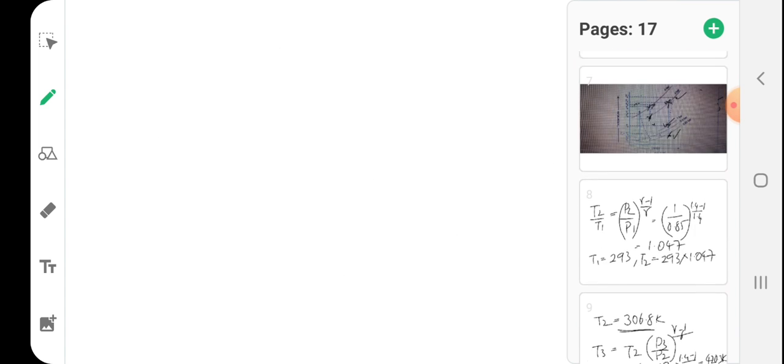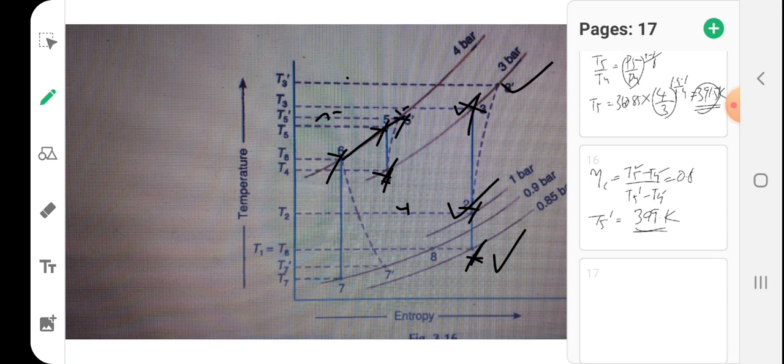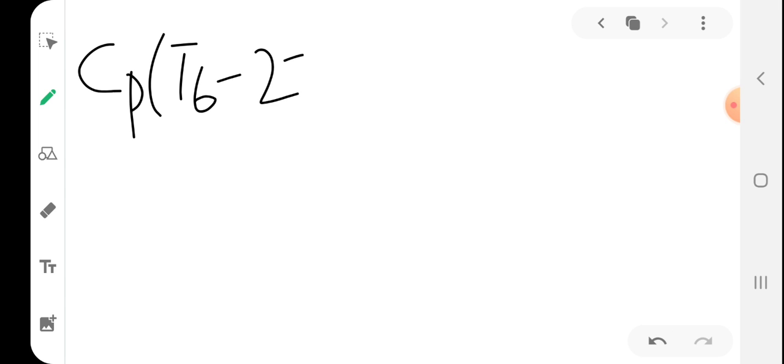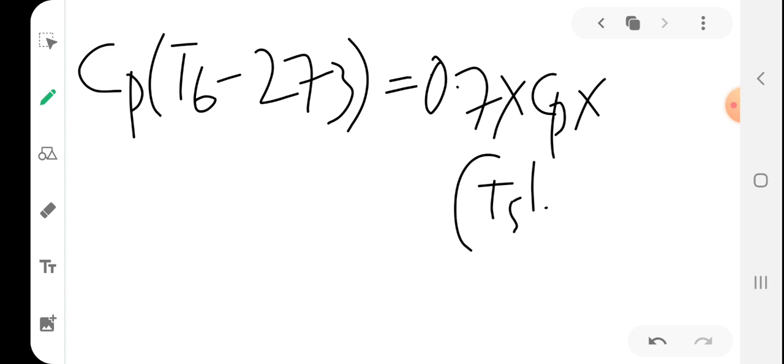So what happened from T5 dash? From T5 dash again cooling to 6, that will be a 30 percentage decrease, right? So what will be the remaining? 30 percentage removed means 70% remains. So Cp into (T6 minus 273) will be equal to 70 percentage remaining, 0.7 into Cp into (T5 dash minus 273).